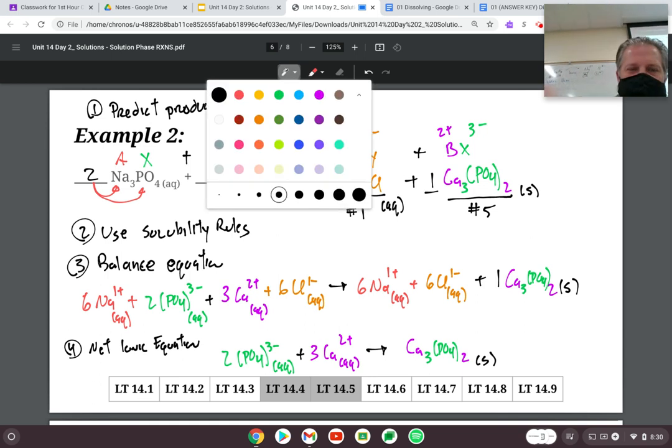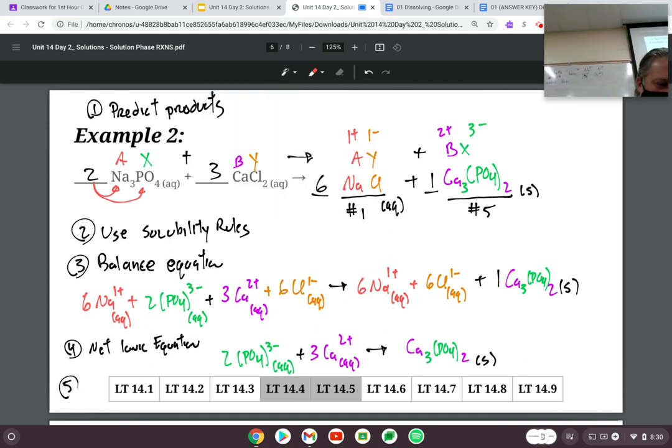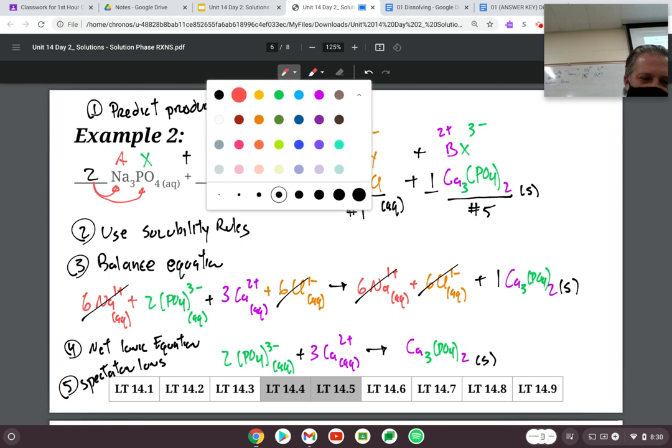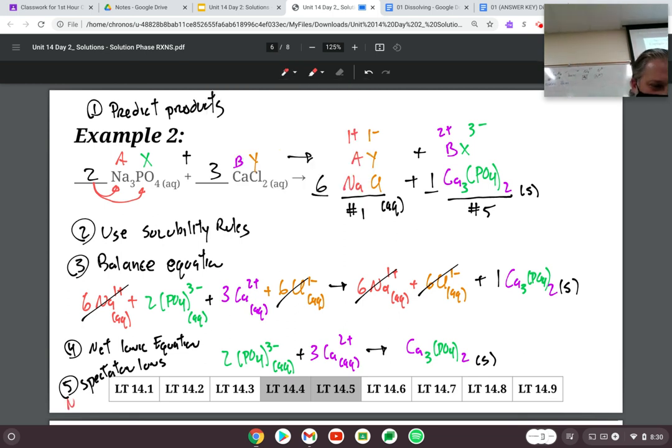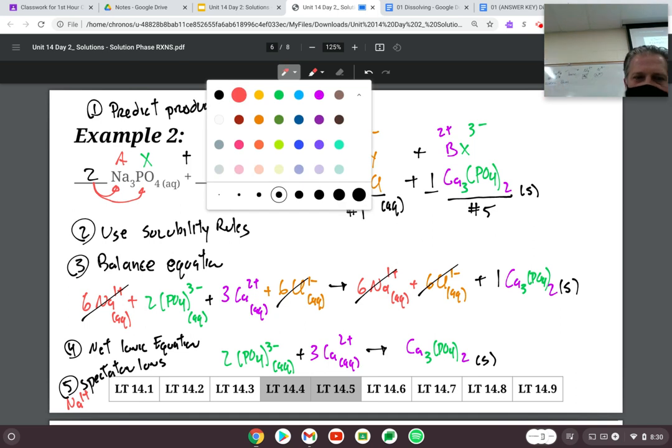And the last thing I have to do is identify spectator ions. And those are the ones that are simply left over. So my spectator ions, I'm going to cross out up here in my original equation. And I'm going to simply identify them as sodium and chloride.